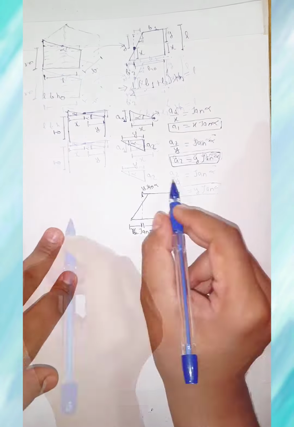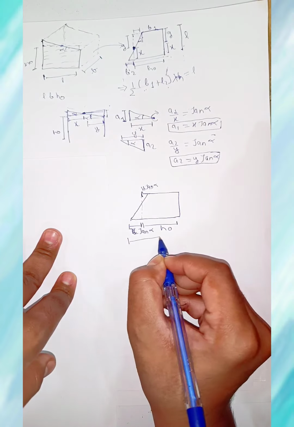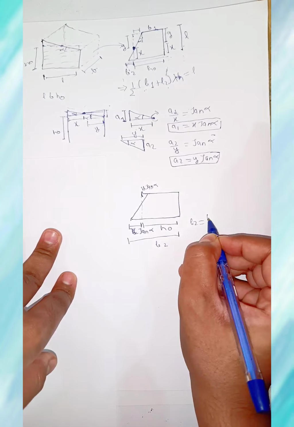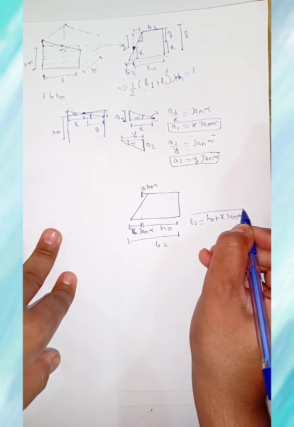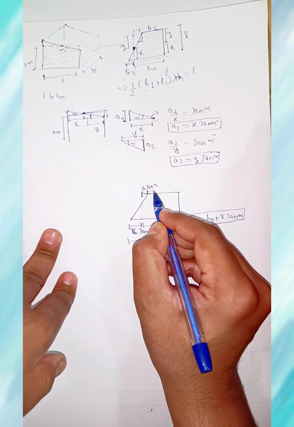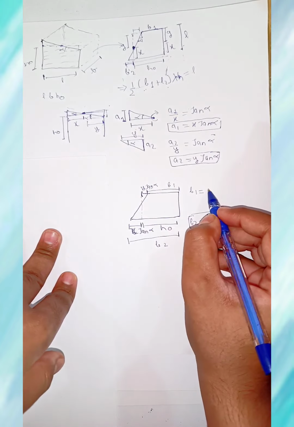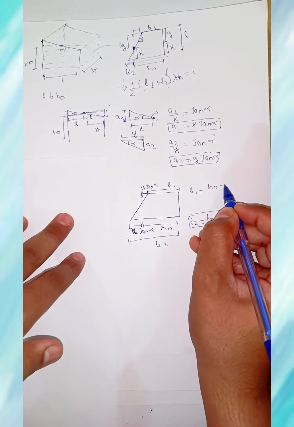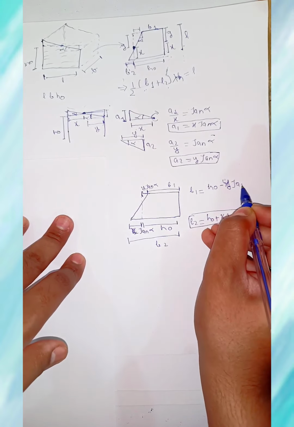I am redrawing it here. So in this trapezium, this was our base 2. Base 2 will be h naught plus x tan alpha. Okay, and this base 1, starting from here till here, will be h naught minus y tan alpha.